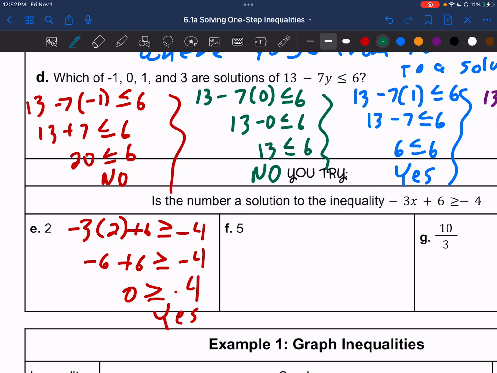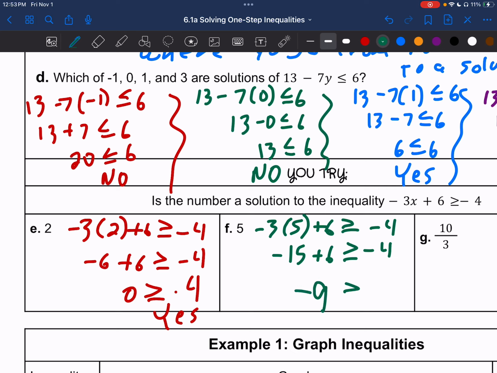If we substitute in 5, negative 3 times 5 plus 6 is greater than or equal to negative 4. Negative 3 times 5 is going to be negative 15 plus 6. And negative 15 plus 6 is negative 9, which is not greater than negative 4.